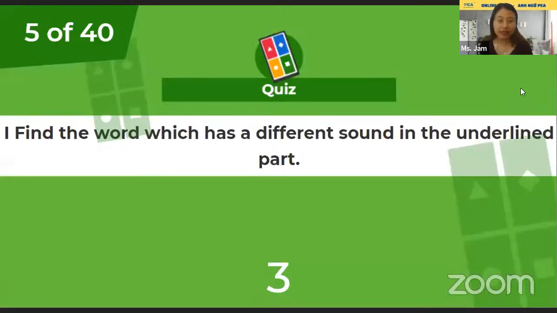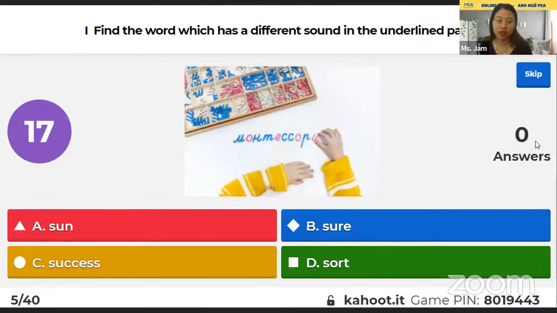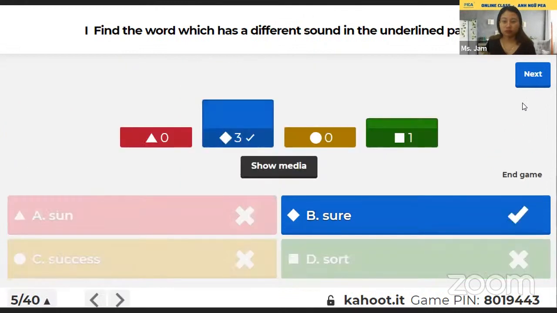Find the word that has a different sound in the underlined part. It's the letter S, the beginning S sound. Hello, Alice.